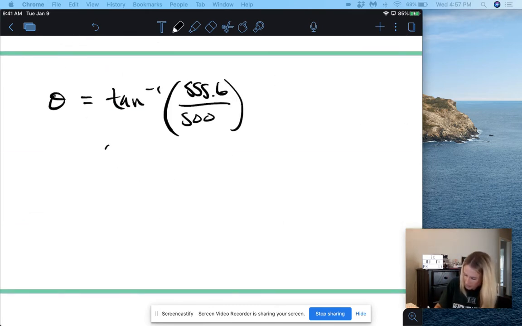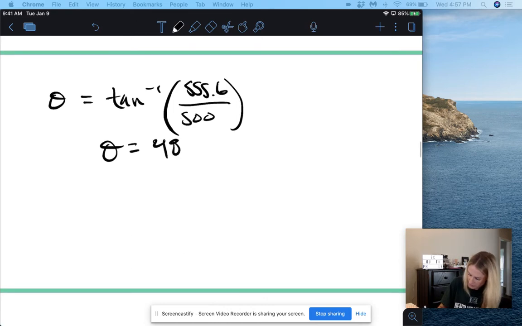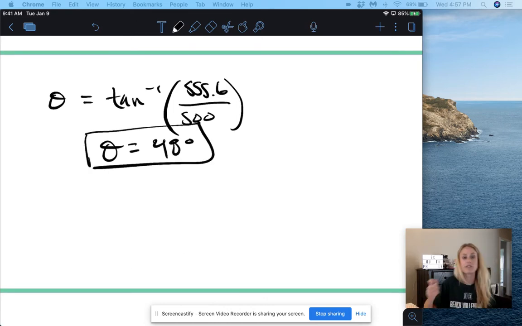And we end up getting that our angle, the answer finally for this letter A, is 48 degrees. Right, so that's our answer for letter A.